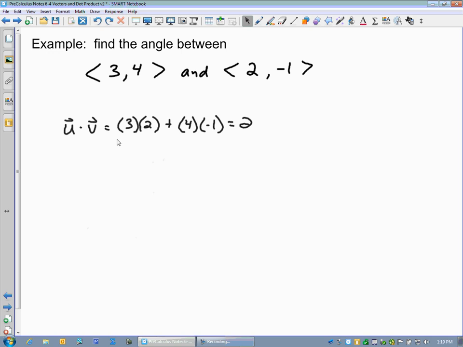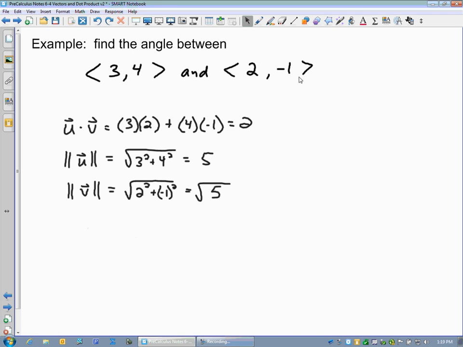So the dot product between the two would be 3 times 2 is 6, and then 4 times -1 is -4. Add them together, you get a positive 2. Magnitude of u, hopefully you recognize the 3, 4, 5 triangle. If not, it's 3 squared plus 4 squared, then take the square root. Magnitude of v is going to be 2 squared plus -1 squared. Add them together, take the square root, you get square root of 5.